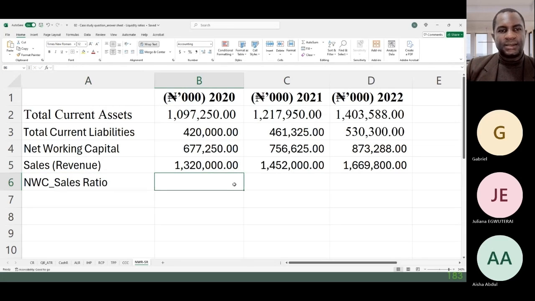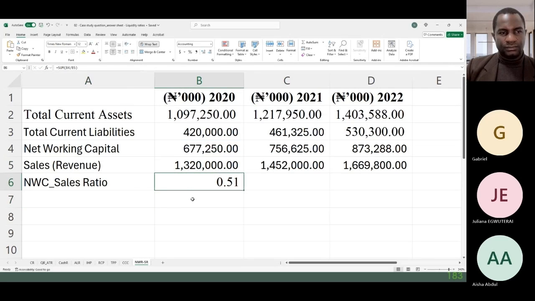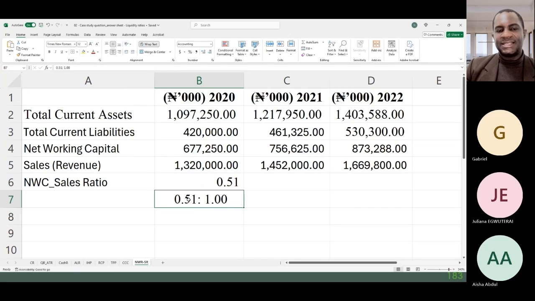So we have it as 625 divided by our revenue. So the ratio is 0.51 is to 1.00. What does it mean? Half of your working capital is what you use from your revenue, or half of your capital is what is used to run your sales. You can see that your working capital is half, that is 0.51 of your revenue.